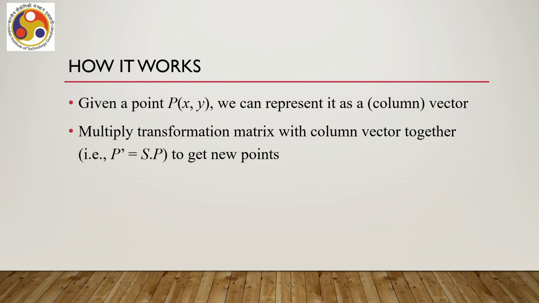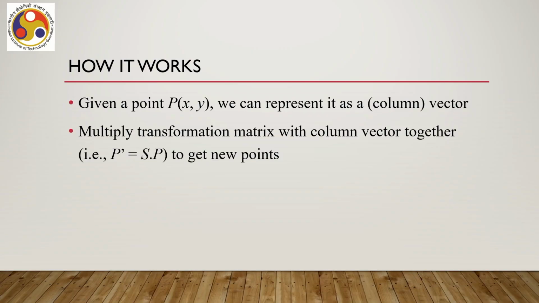Now, the matrix representation is a convenient way to represent transformations, and using these matrices we can transform points from its own local coordinate system to a world coordinate system. So, how does it work? Given a point x y, we can assume that it is in the local coordinate system where the object is defined. We can represent it as a column vector.